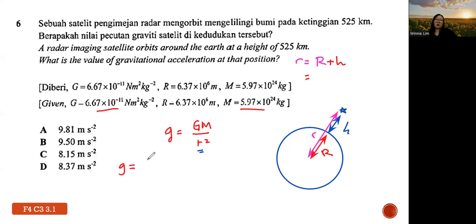So capital G is what? 6.67 times 10 to the power of negative 11. And then we multiply with the mass of Earth, 5.97 times 10 to the power of 24. Then divide by the sum of the Earth's radius and the height.